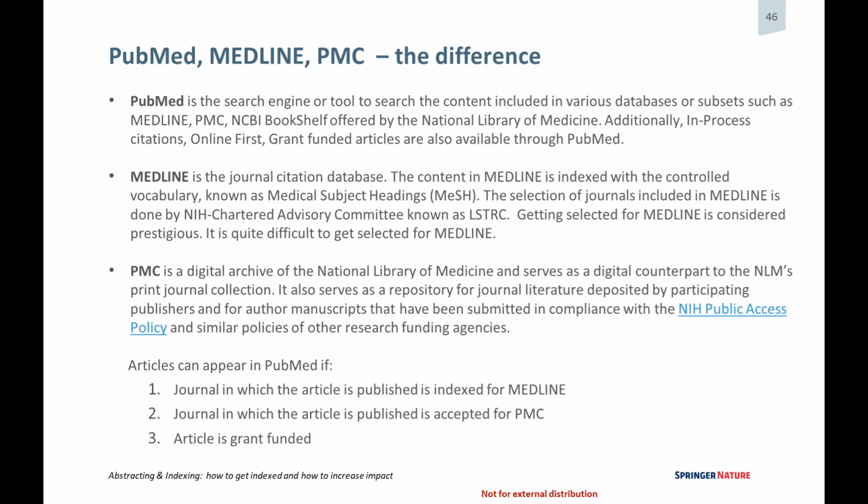However, for the content to come into PubMed, it needs to first get selected in one of the databases. This database could be Medline, it could be PubMed Central, it could be NCBI Bookshelf, it could be PubChem. Then the content, once it is selected and indexed in those specific databases, gets discovered through the PubMed platform.